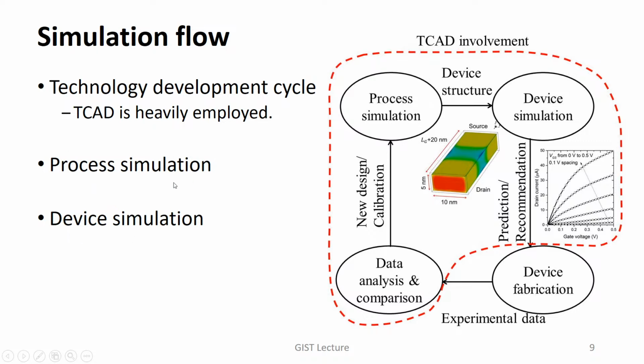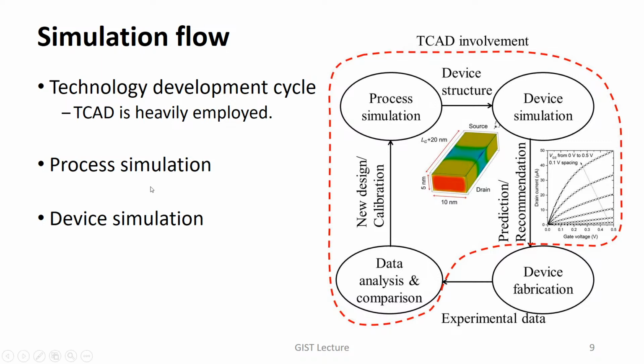Process simulation is related with the feasibility of device fabrication. Whether the wanted structure, desired doping profile, or desired stress profile can be obtained by the designed process or not is estimated by this process simulation.